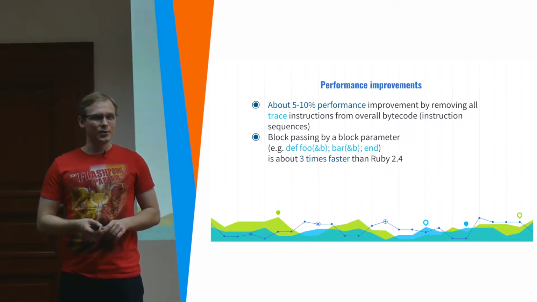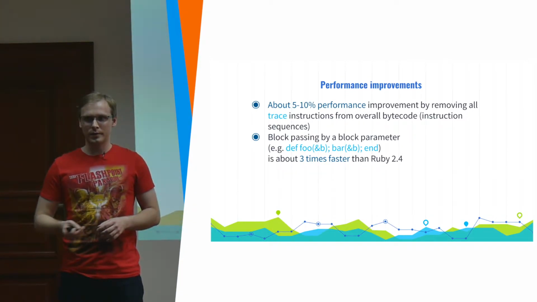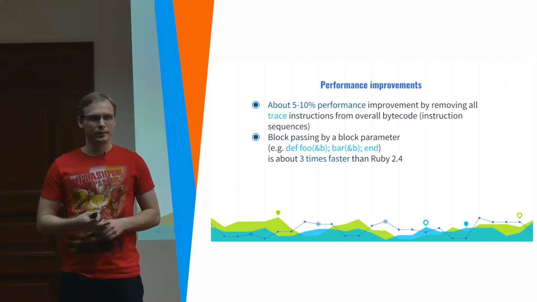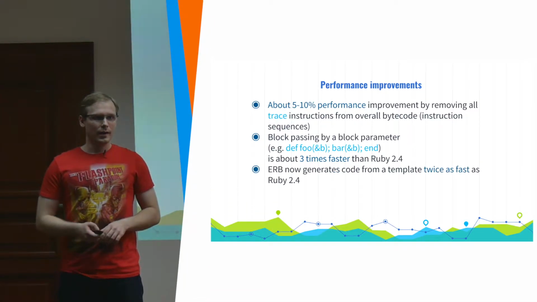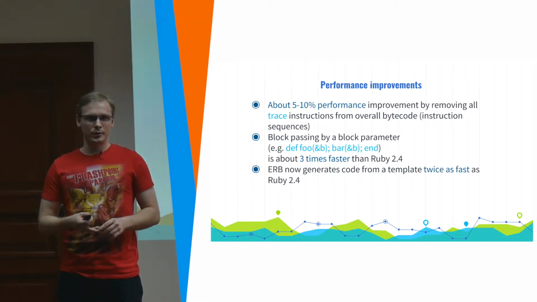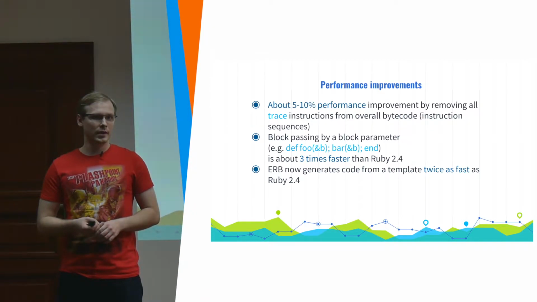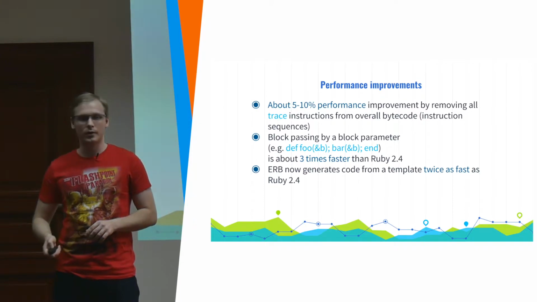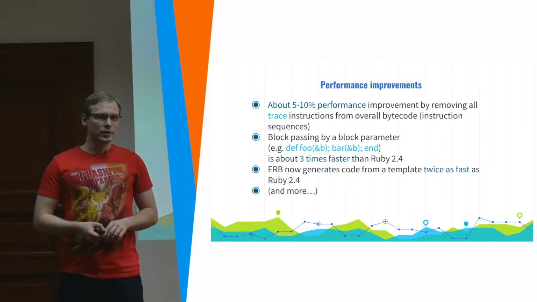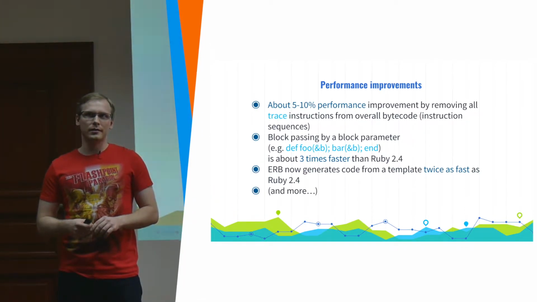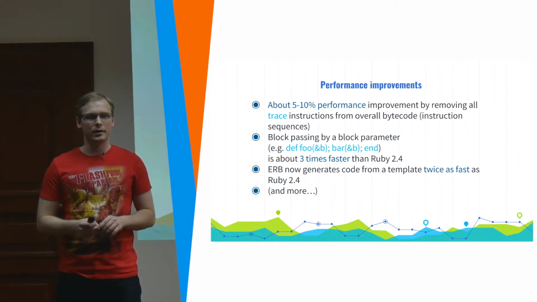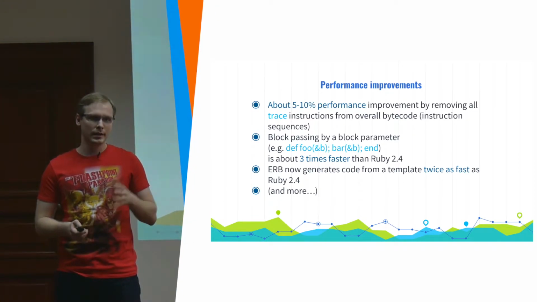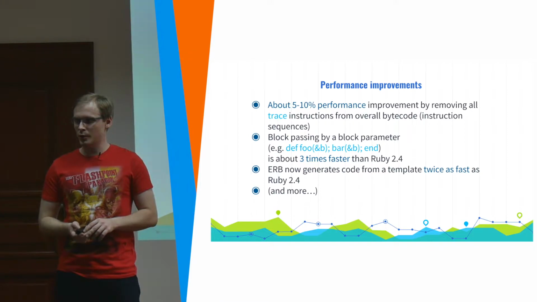Also, passing a block parameter is 3 times faster. And this is what I really like, because I'm using ERB on my project: it should be twice as fast as it was in Ruby 2.4. There is much more, such as some small classes being faster, but you can take a look at the changelog and you will know everything.